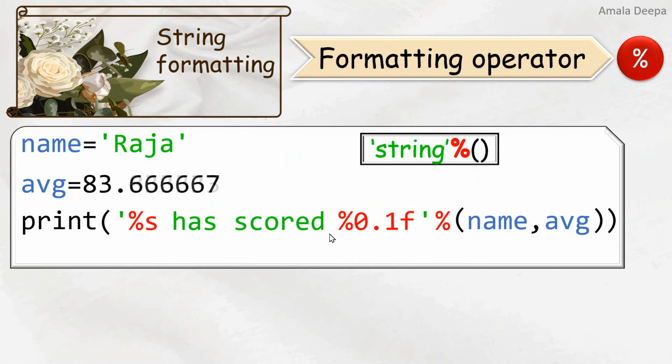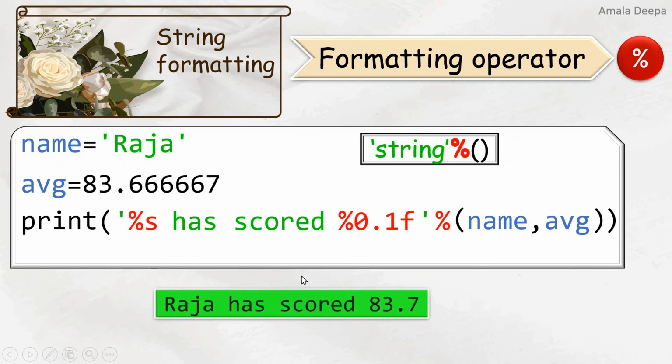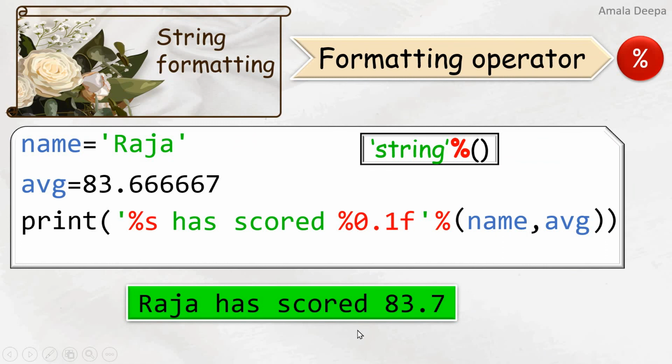Okay, look at this. Suppose I take another value for average. AVG is equal to 83.666667. If I give %0.1f in the string, what would be the output? Look at this: Raja has scored 83.7.